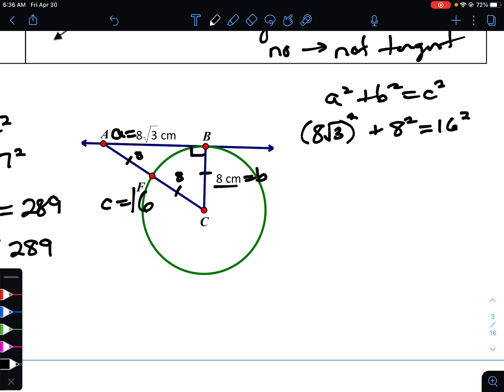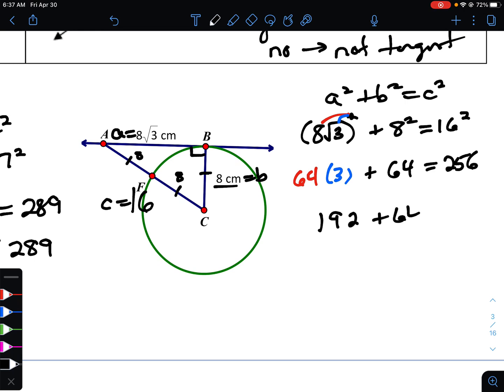So for the first one, 8 square root of 3, we're first going to take 8 and square it, which is 64. We're then going to take the square root of 3 and square it, which is just the number 3. Then we'll simplify the rest. So 8 squared is 64, and 16 squared is 256. 64 multiplied by 3 is 192, plus 64 is equal to 256.